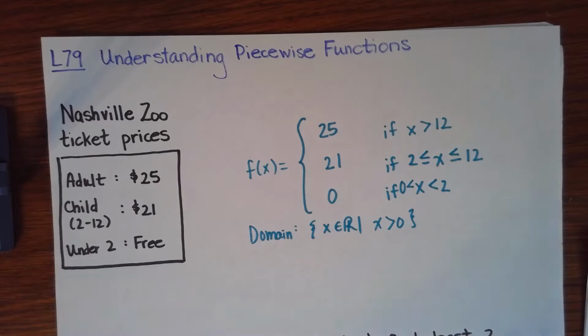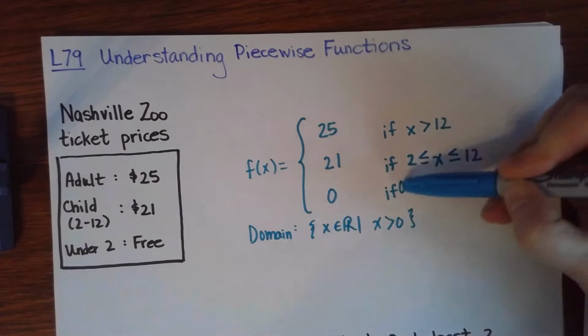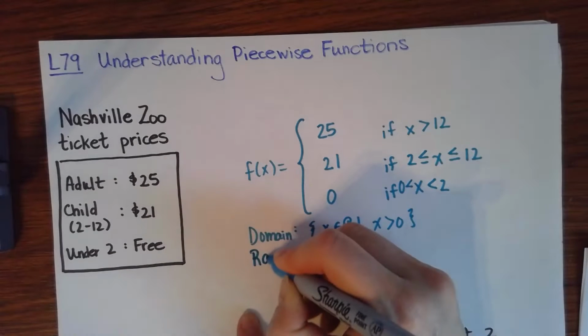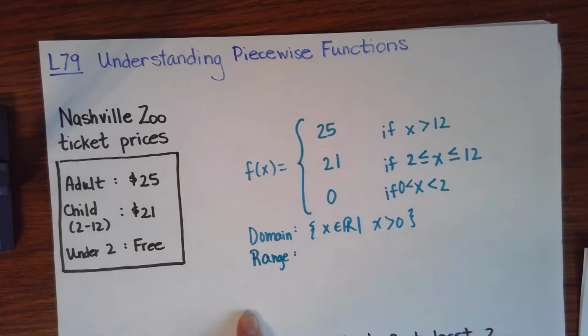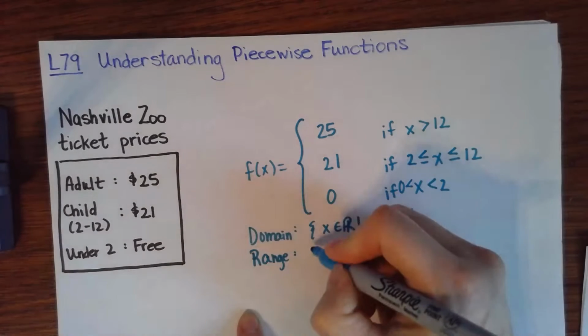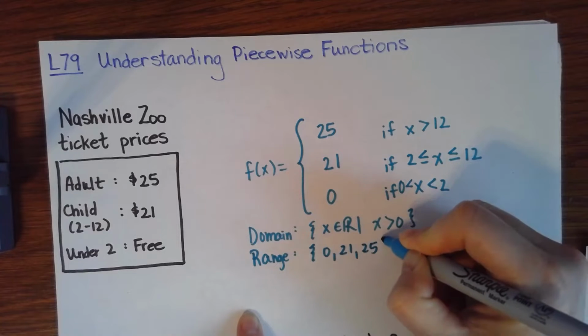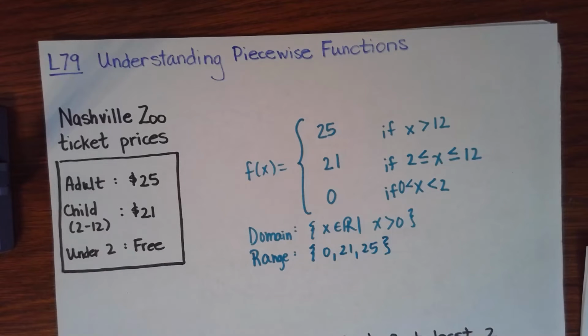So we'll say that you can't be exactly 0. I guess perhaps you could be. If you want to put an equal in there, I don't think I would argue with you. Okay, and then the range for this particular function, you can only get out 3 particular y values. You can get out 0, 21, or 25. There is nothing in between those values.